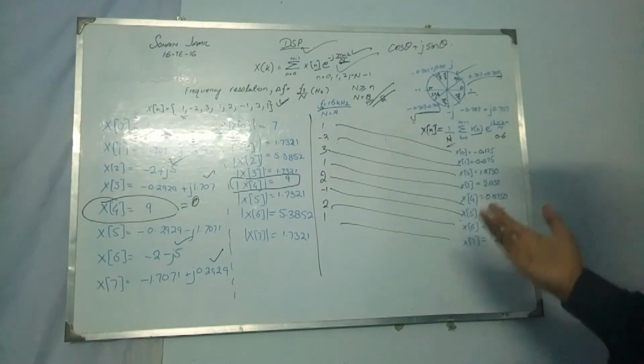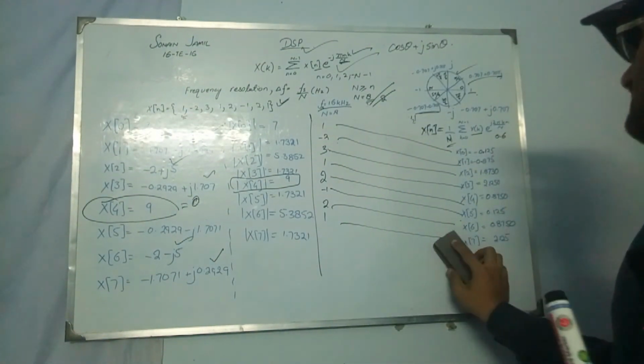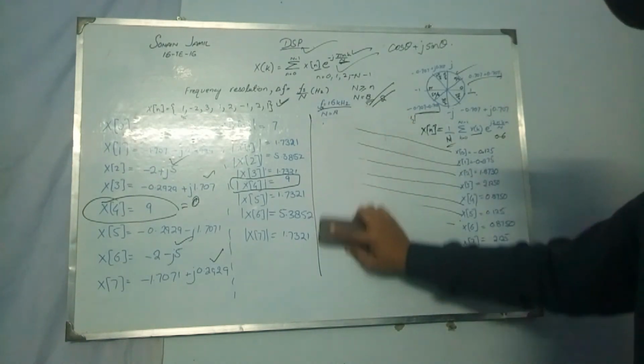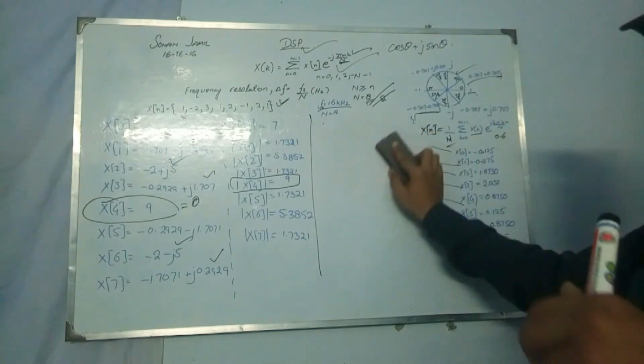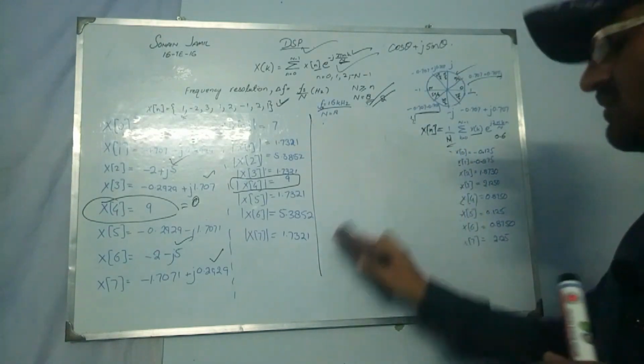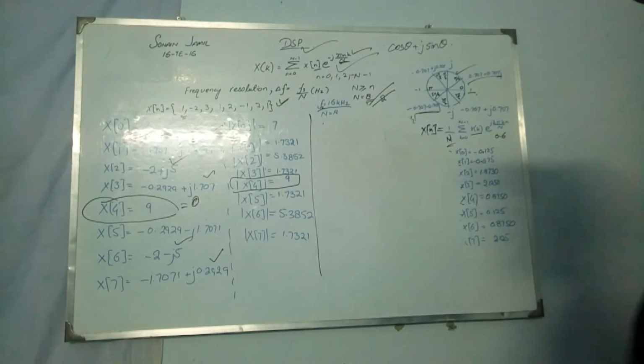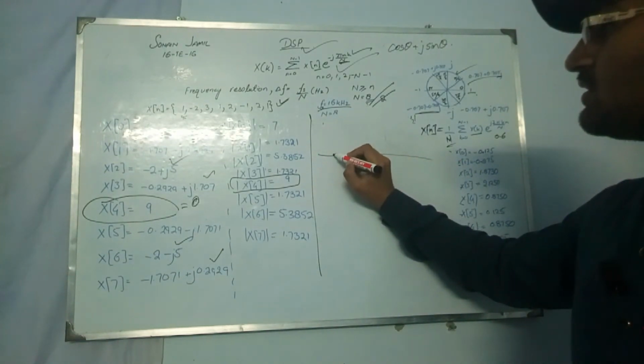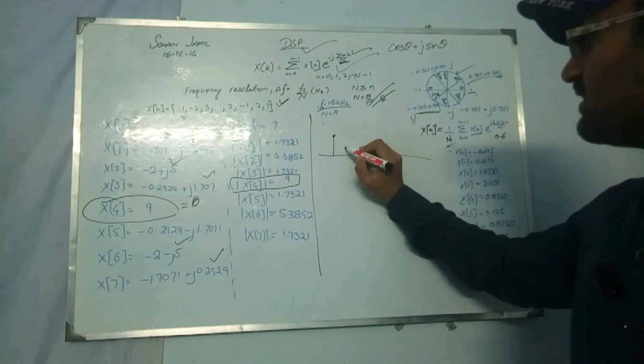Now what will be the graph of these? In the start, I have this signal.